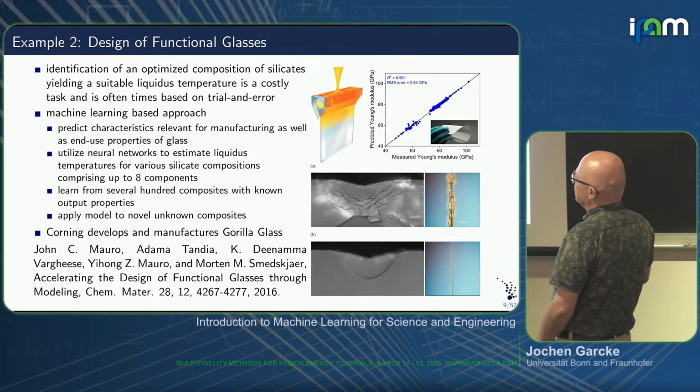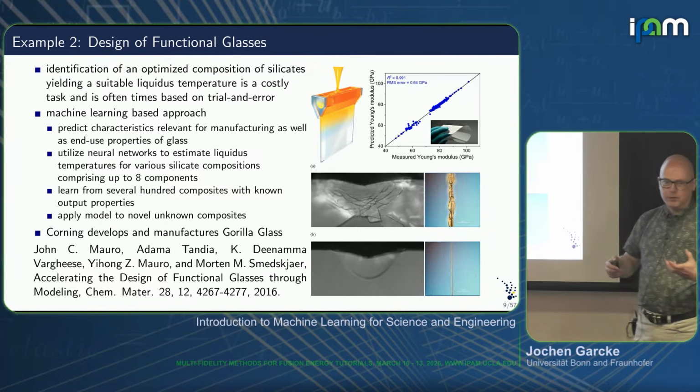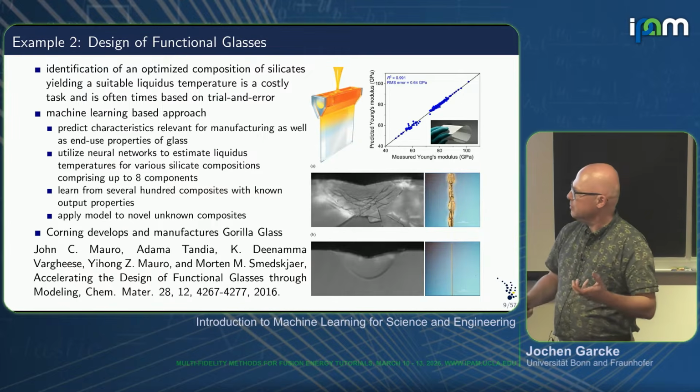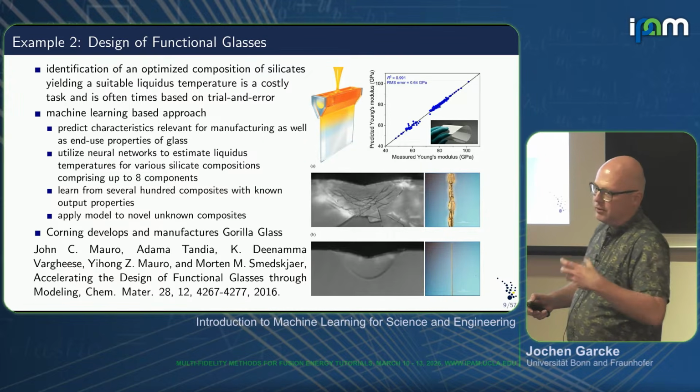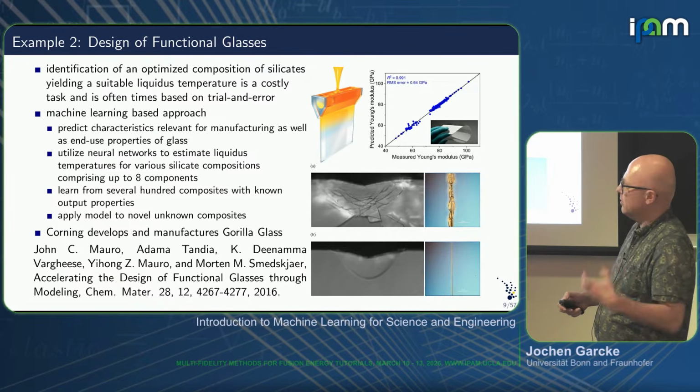And they developed a machine learning approach, so that they have some data sets which they already developed. They could build a machine learning model, and based on this machine learning model, they could estimate the properties thereafter, and then optimize over the machine learning model.